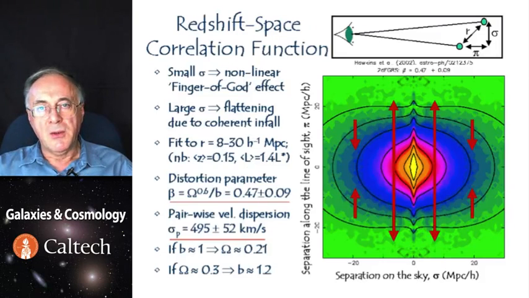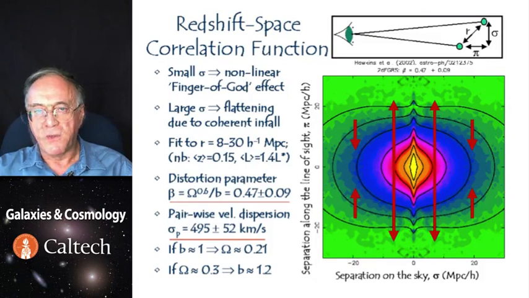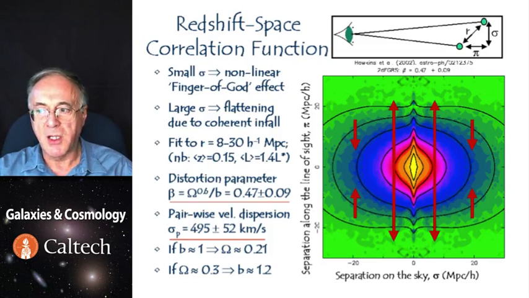So statistically, you can do this for a whole ensemble of galaxies using a big redshift survey. And what's shown here is a density plot that corresponds to the radial component of the distance as well as the orthogonal component, which you can measure from angular separation in the sky. So note there are two features to this.